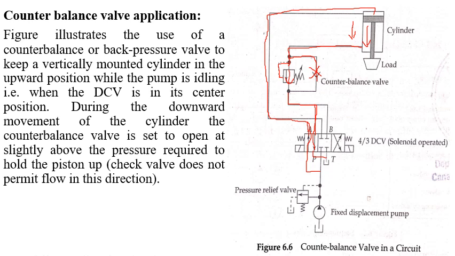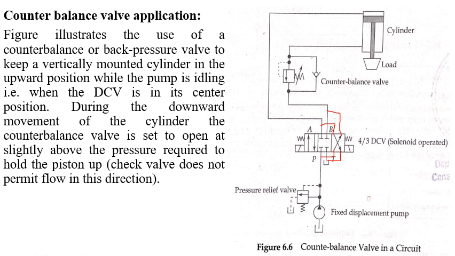Okay, and retraction stroke, what will happen in the retraction stroke? See, in the previous stroke we were just lowering the cylinder. In the retraction stroke, now it is lifting of the cylinder. The 4 by 3 valve is connected to the right envelope like this. Look at here, it is connected in this position.